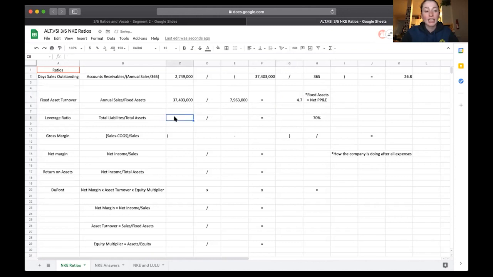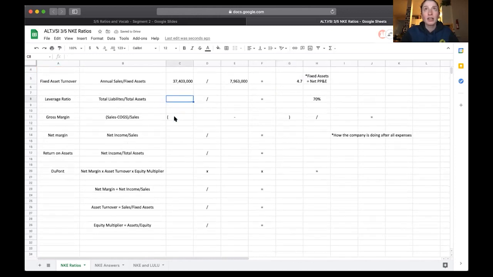All right, and then your leverage ratio. For leverage ratio, that is taking your total liabilities, which is 23,287,000. You divide that by your total assets, which is the 37, no, that's not right, which is the total assets, sorry, is 31,342,000.